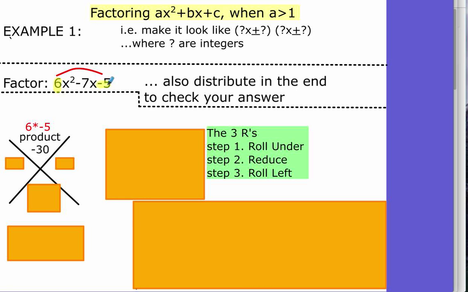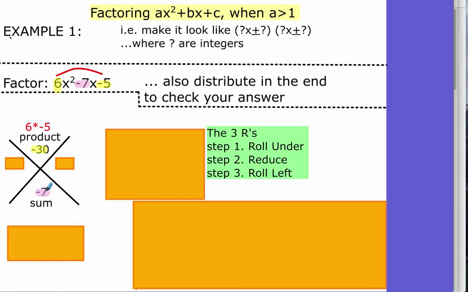And just like in the previous slide, this negative 7 is going to be placed at the bottom of the x. And once again, remember the top number is what we want two numbers to multiply to, and we want two numbers to add up to the bottom number.